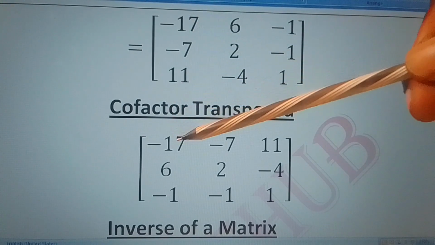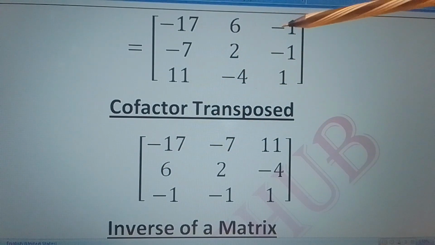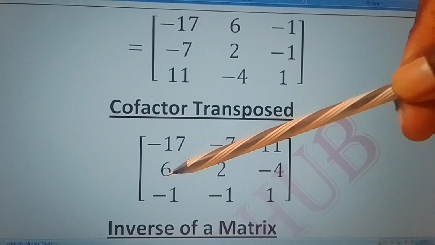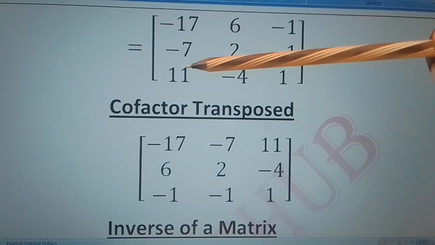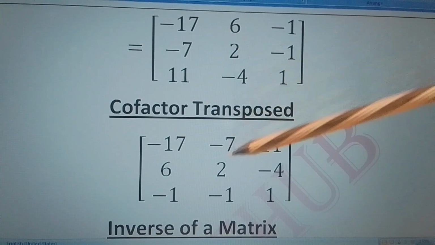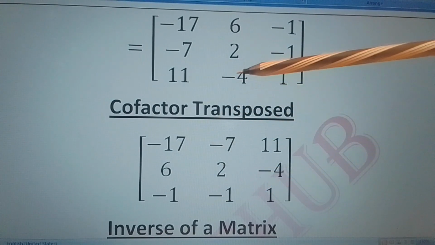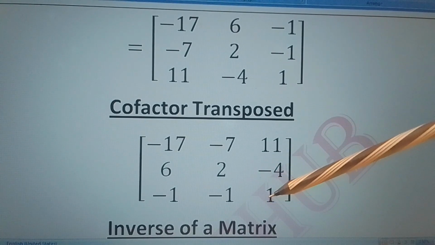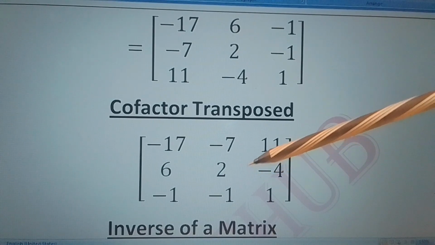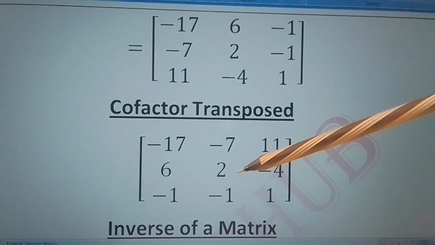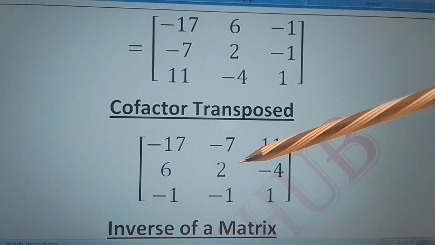So negative 17 will hold its position, then 6 changes its position, then negative 1 changes its position, then negative 7 changes its position, then 11 changes its position, 2 retains its position, negative 1 changes its position, then negative 4 changes its position, and finally 1 retains its position. So that is the transpose of the cofactor. Remember, transposing a matrix simply means changing rows to columns and columns into rows.